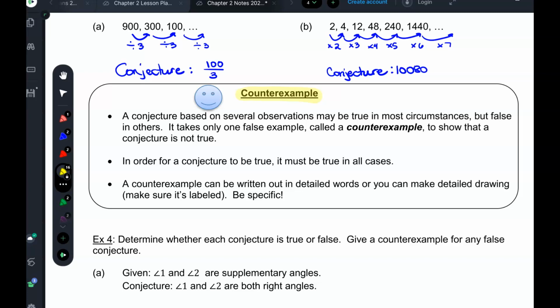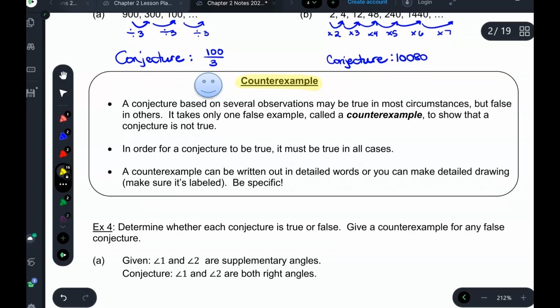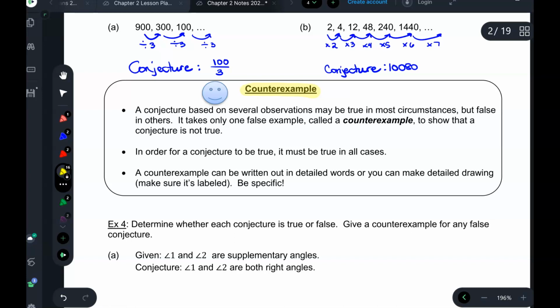Okay, counterexample. A conjecture based on several observations may be true in some cases but false in others. It only takes one false example, that's a counterexample, to show that a conjecture is not true. In order for a conjecture to be true, it must be true in all cases. So is it based on one false example?